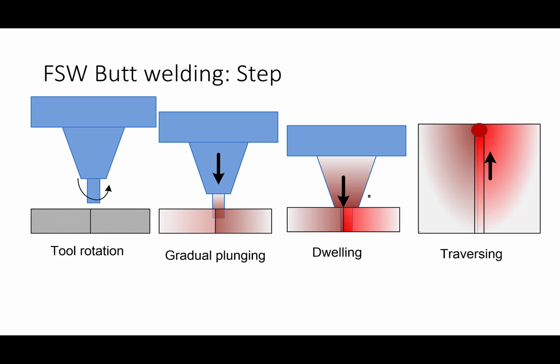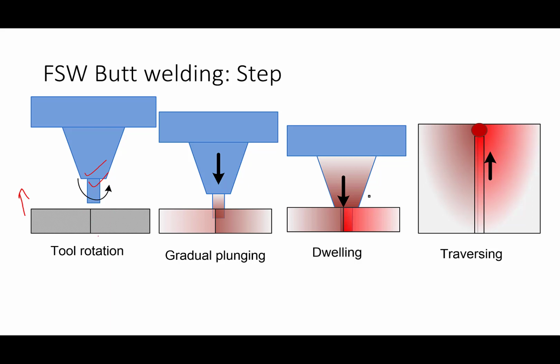Here I just want to show you, using this schematic, how we proceed procedurally during friction stir welding. Say this is the rotating tool, and its position by and large remains fixed; only the workpiece is moved up so that you can achieve the desired plunging.